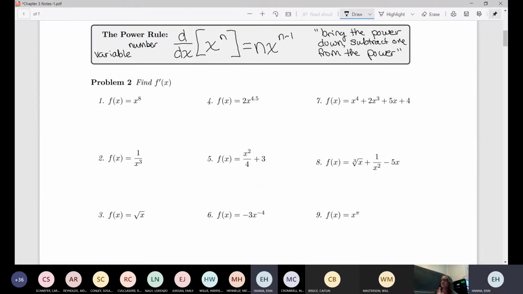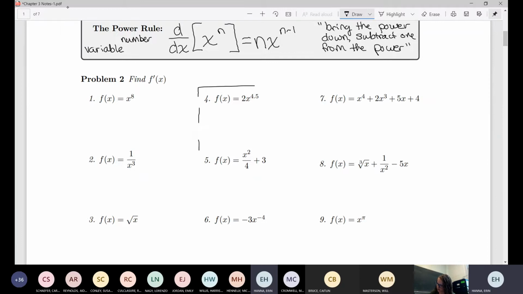So say I want to find the following derivatives. Let me split this up so that I don't accidentally run into my next problem. Oh, I need to do a side note first. Side note. There are two exponent rules that you really need to know pretty well for the power rule. The first one is if you have a root, and even if you have a power inside of that root, this is going to be equivalent to x to the m over n.